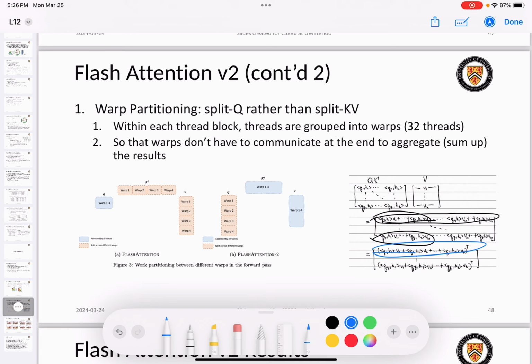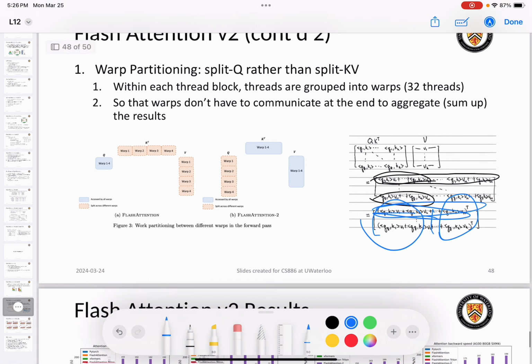But if we split across K, if we compute this and compute this, then we still have to add them together. Whereas here, everything's already added together for you, row-wise, so we don't have the additional communication cost.